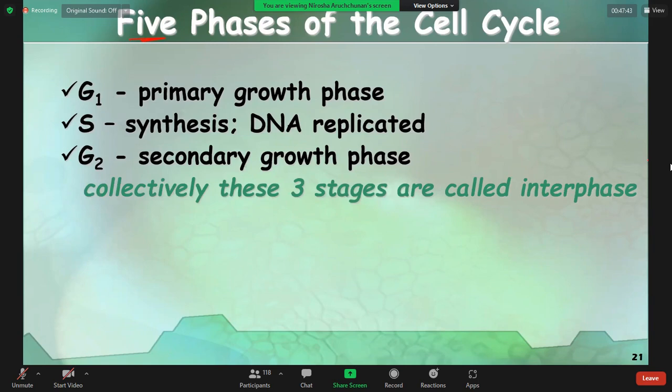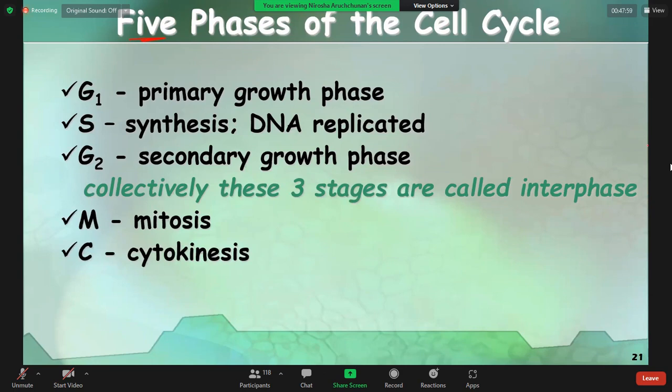the secondary growth phase. Collectively, these three subphases are known as interphase. And the other two phases are M phase and C phase. M phase is mitosis, and C phase is cytokinesis.